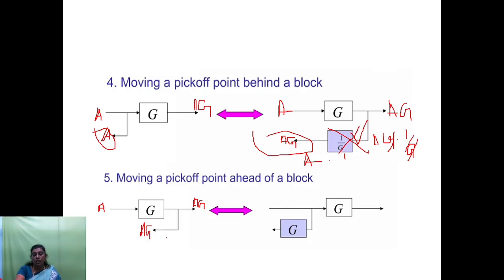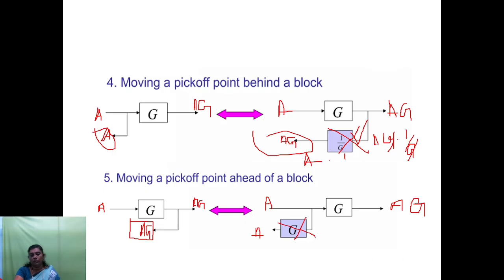Suppose I want to shift the pick-off point ahead of the block, and suppose I didn't add this gain factor, what is the output I may get? Consider this is the input A. So at this point I will be getting an output of AG, similar to the before one, but here I may get only A, but I have to get AG.